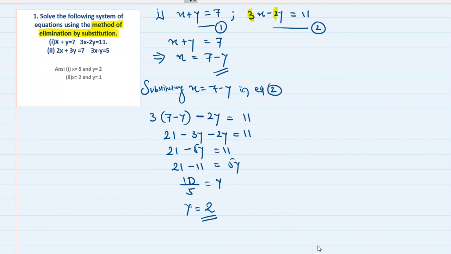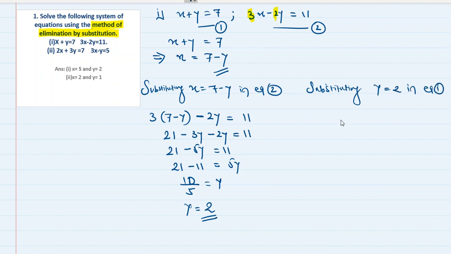Okay, so if the value of y is 2, what should we do with the value of y? We have to substitute the value of y in equation 1. So again, substituting, we got the value of y already, y is equal to 2 in equation 1.